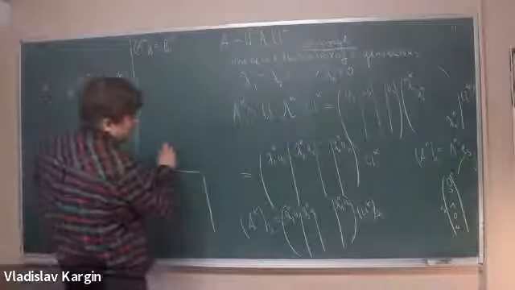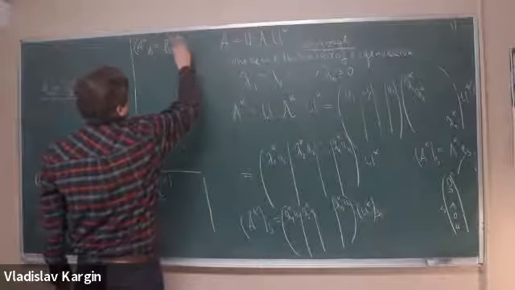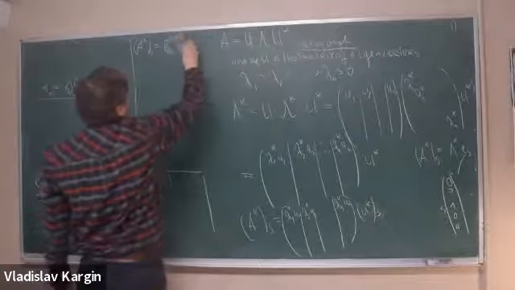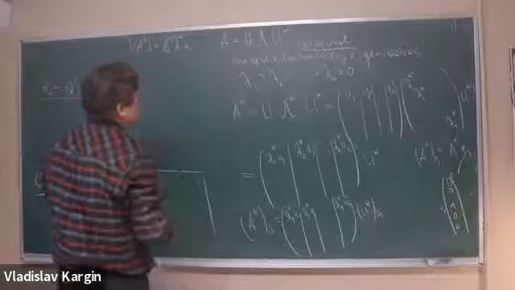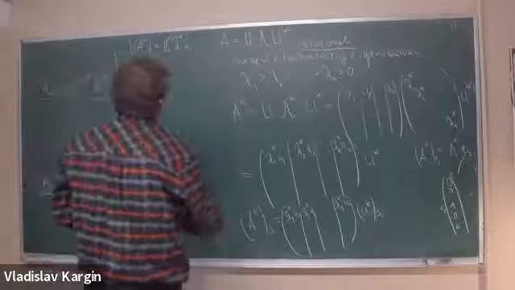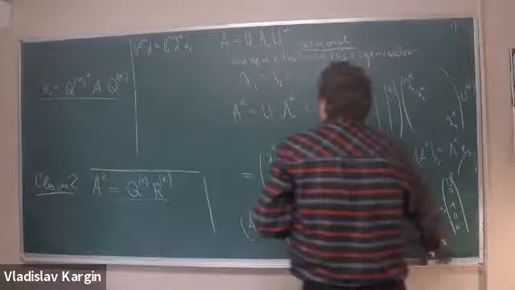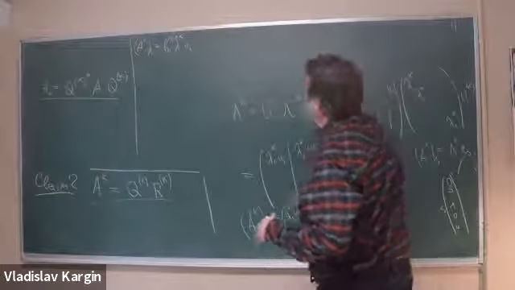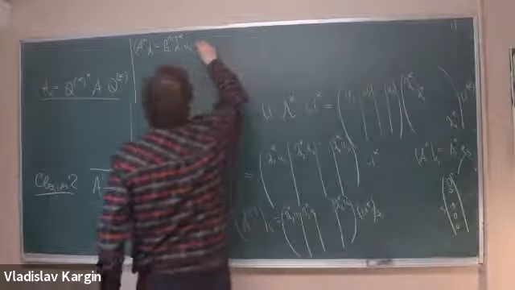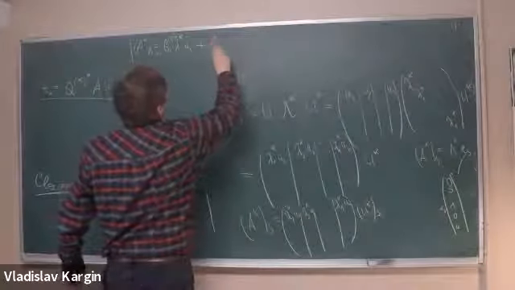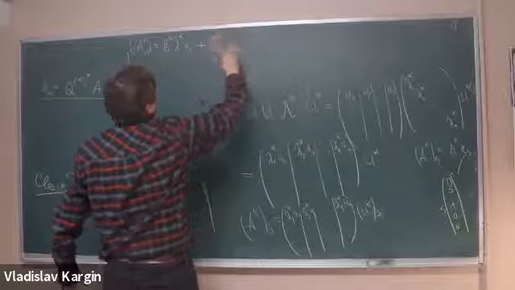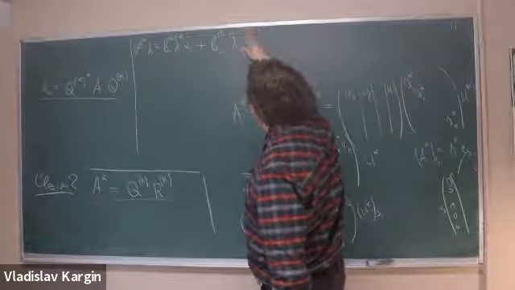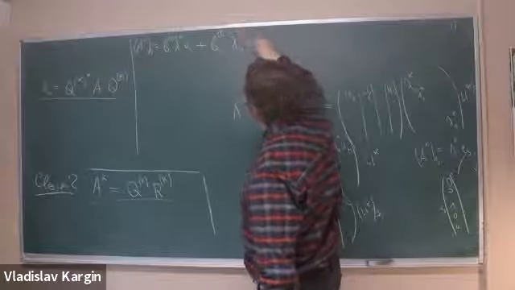And here, this is a coefficient, after that will be lambda 1 to the power of k u1, plus, and the next one will be another coefficient, b2 of s, lambda 2 to the power of k u2.